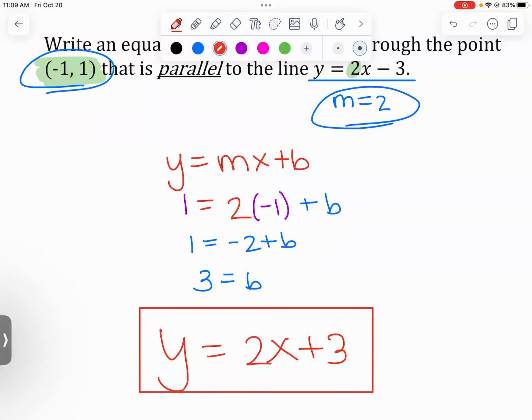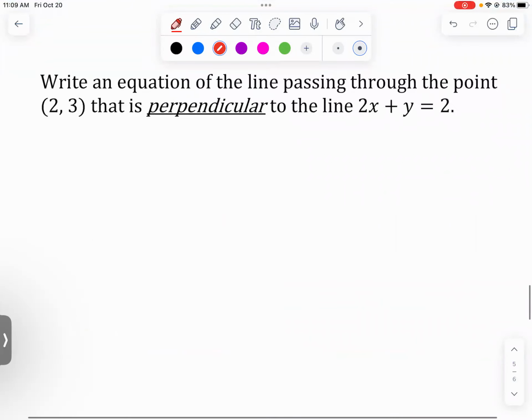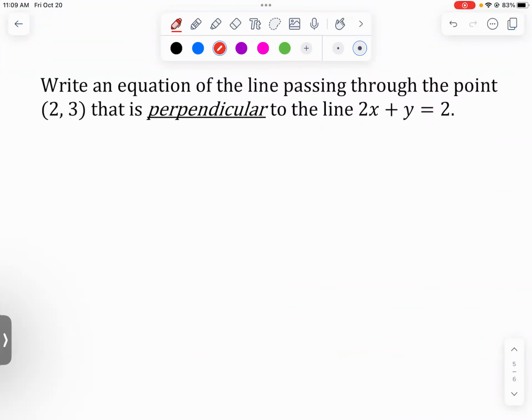Okay. All right, go to page 10. Well, now we want an equation of a line passing through 2, 3, so there's a point. But we want it to be perpendicular to this line right here.